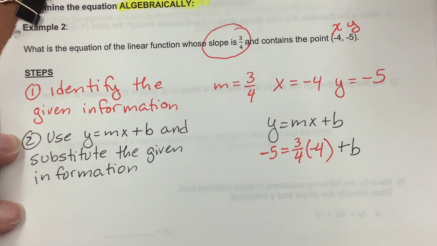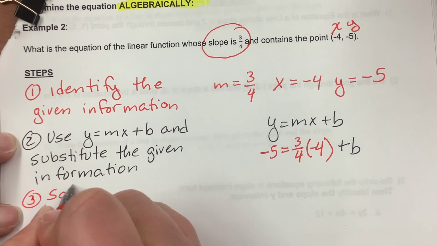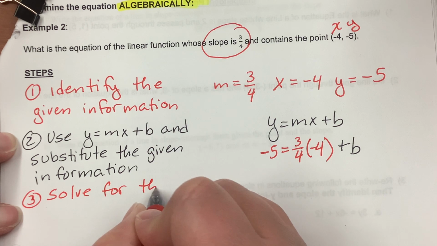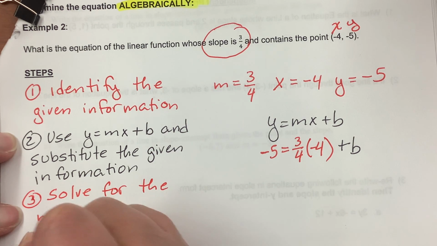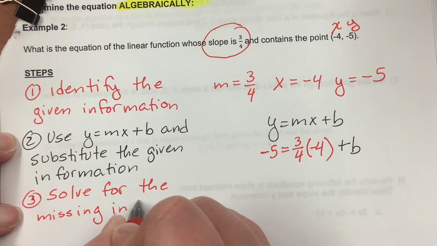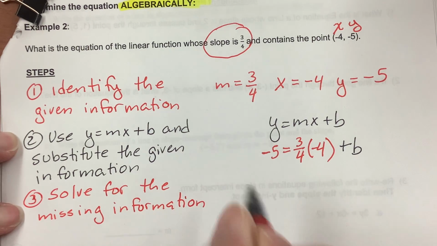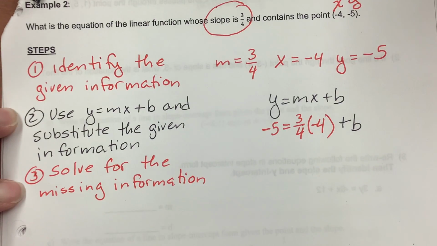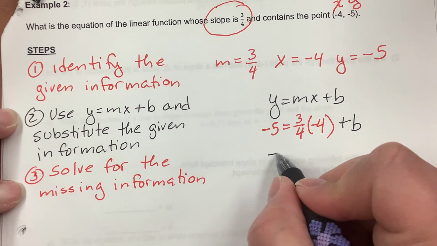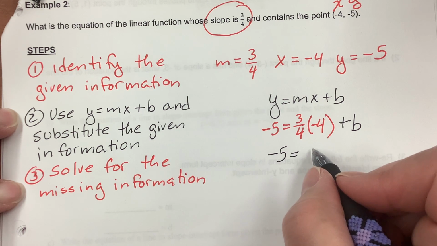Okay, so what do I do next? Solve for the missing information. Well, how do I do that? Well, 3/4, first keep the -5 over here. 3/4 times -4.